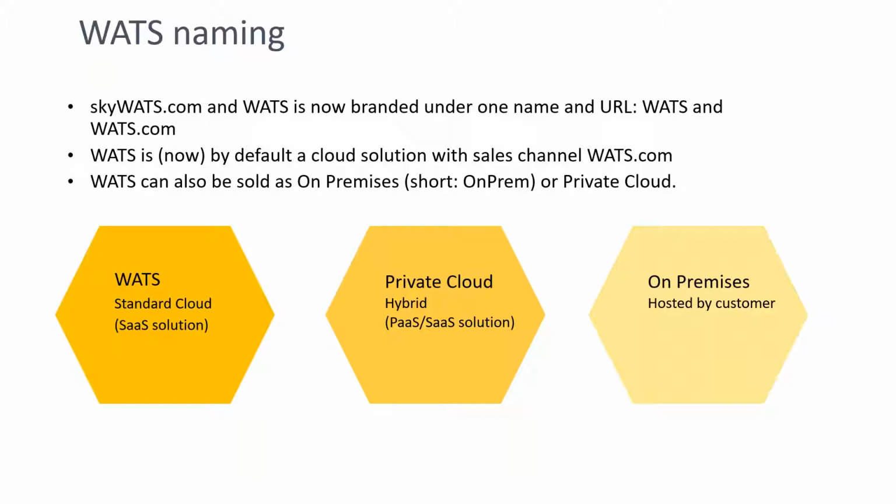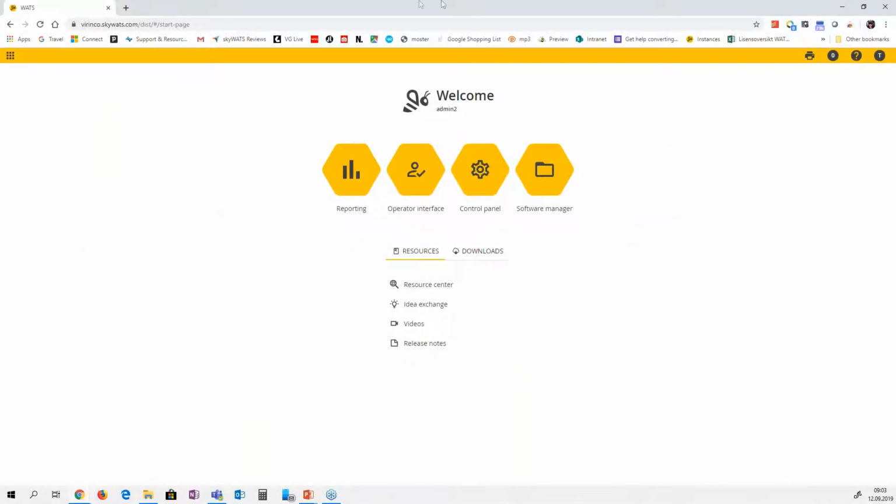But there are also other options for people who demand more security or need to add their own authentication software, etc. We offer a private cloud version where you can add these things yourself and have some special setup on your account.